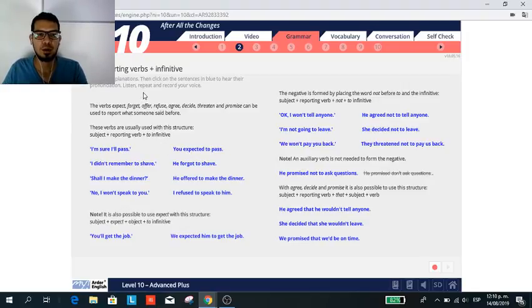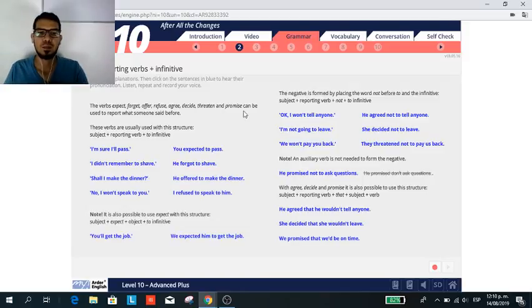The verbs expect, forget, offer, refuse, agree, decide, threaten, and promise can be used to report what someone said before. This is pretty important. These verbs are usually used with this structure: subject plus reporting verb plus to infinitive.